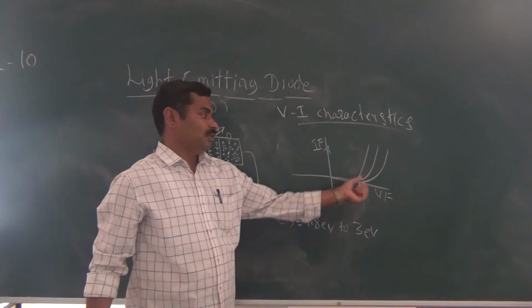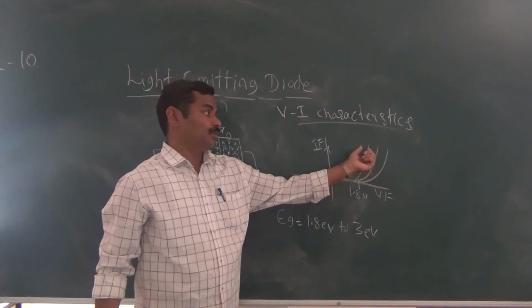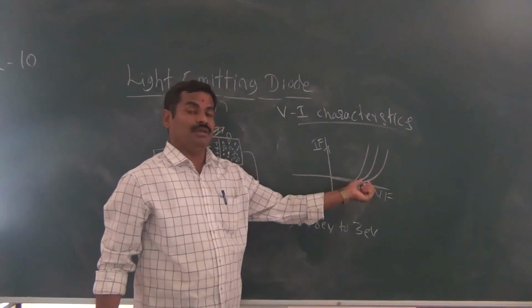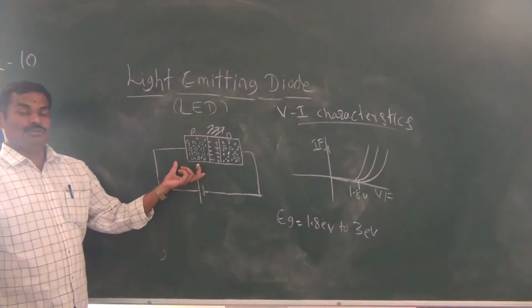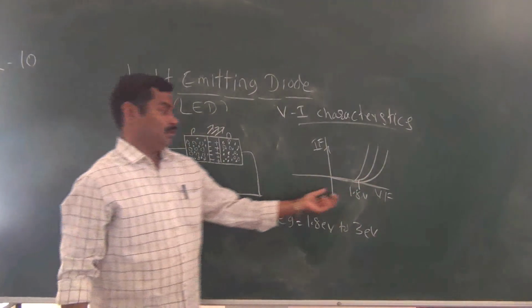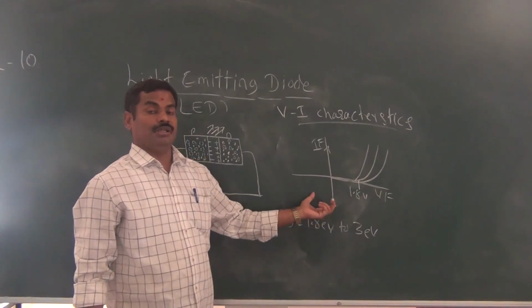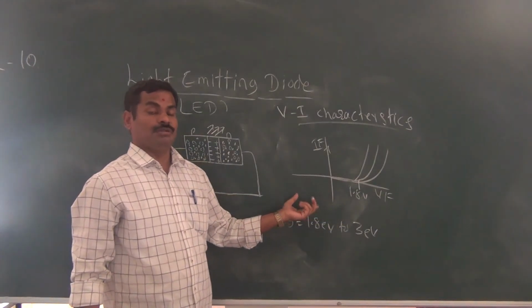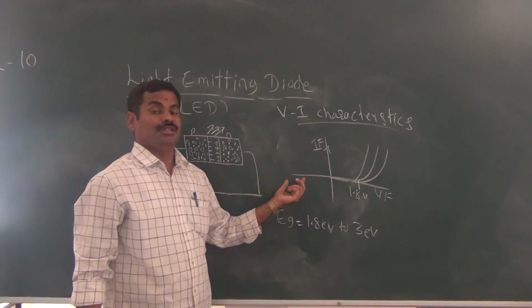And as usual, depending upon the energy gap, if the energy gap is more, that decides red, blue, or green, and they will emit different lights. Overall, it is similar to the normal diode, but the energy gap is very large. You are not using silicon or germanium because their energy gap is less than 1.1 or 0.7. No doubt, whenever the electron and hole recombine, they also give the energy in terms of heat.